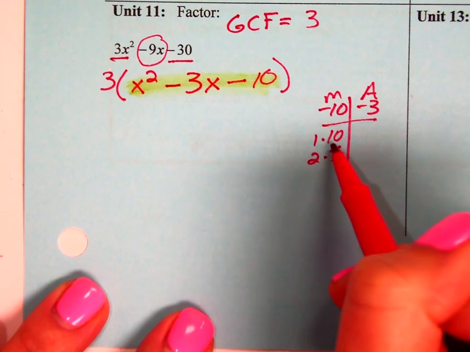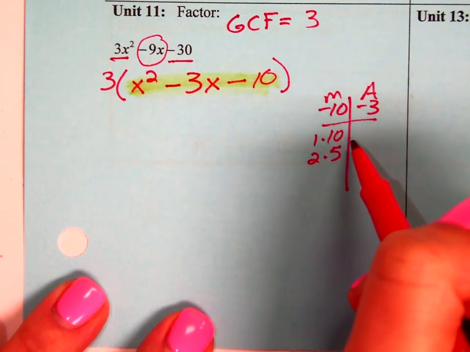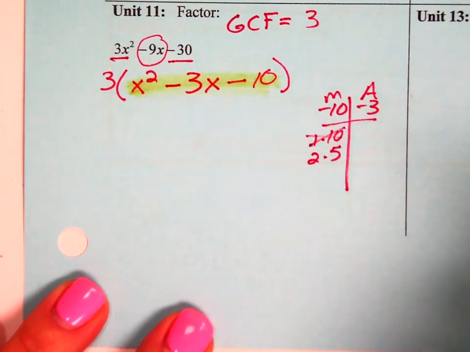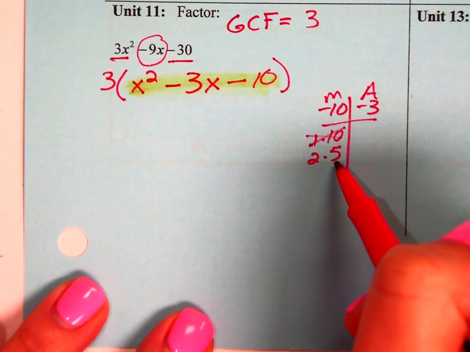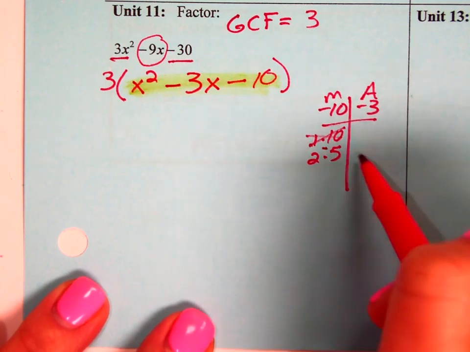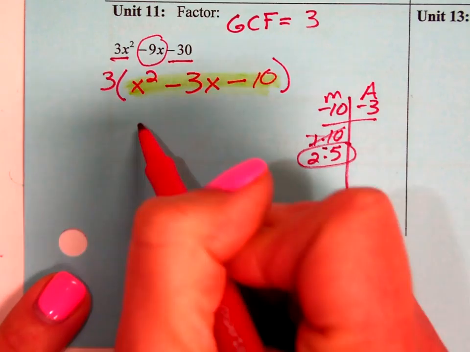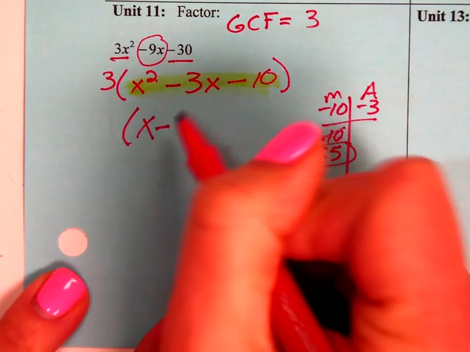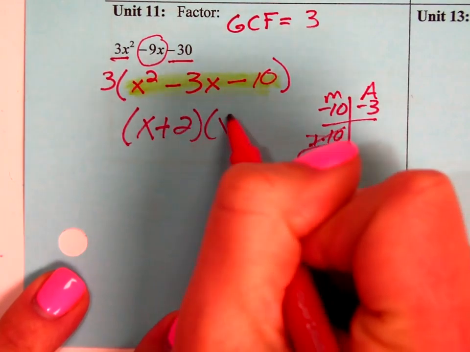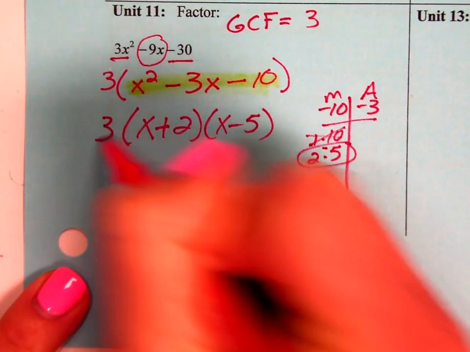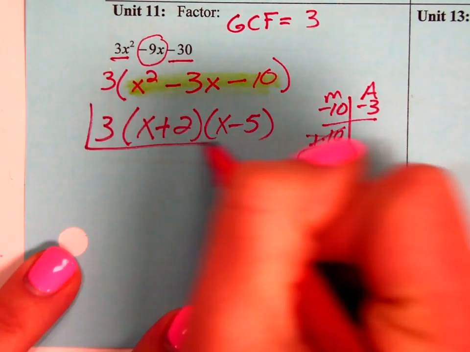So 1 and 10, 1 plus 10 is 11. 1 minus 10 is 9, so that's no good. 2 plus 5 is 7, but we can subtract them to get 3, so if I want to get negative 3, the 5 has to be negative, so that's 2 and negative 5. So it's x plus 2, x minus 5, and there's still a GCF of 3 out front.